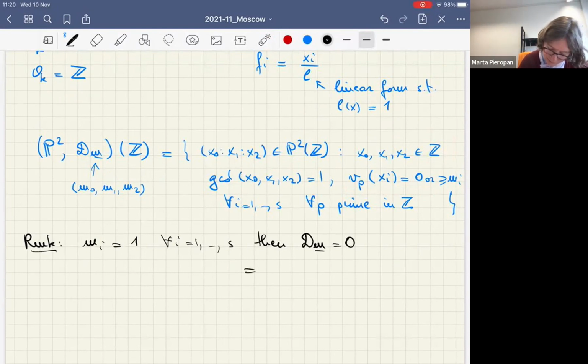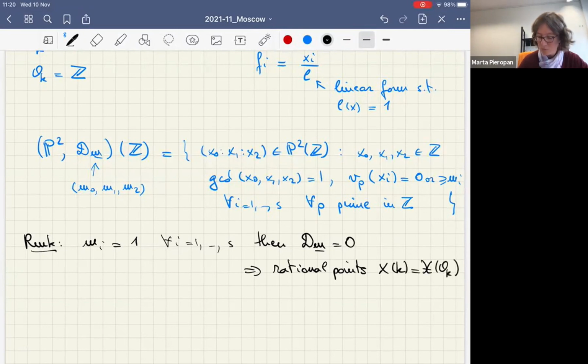In this case, we have the set of rational points, which is the same as the set of integral points without any conditions with respect to the boundary. And this is because I chose my model to be proper, so I can do it. So mi equal to 1 gives no condition.